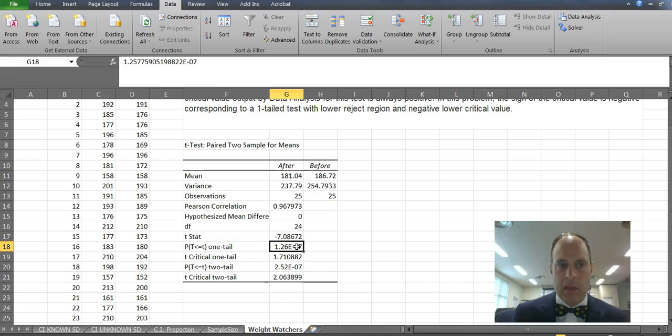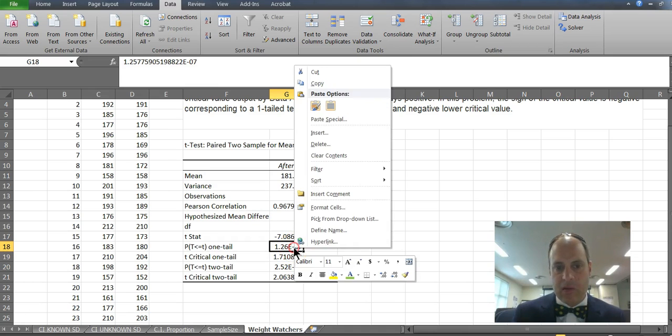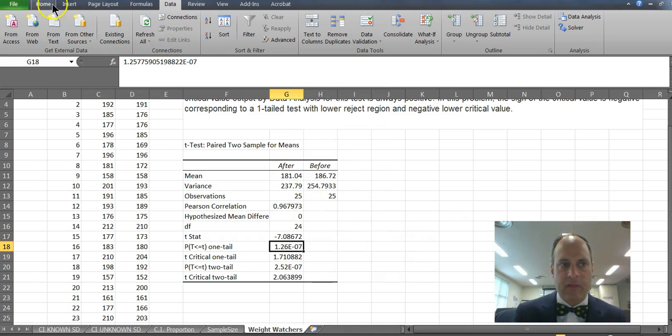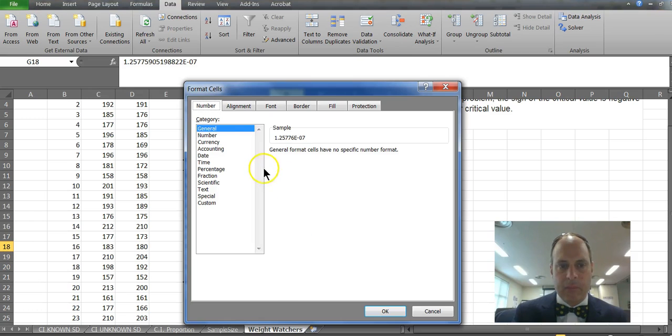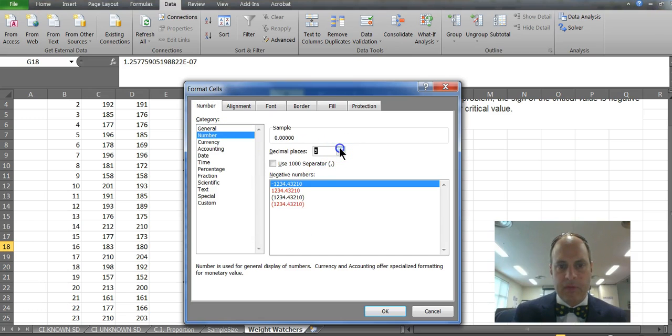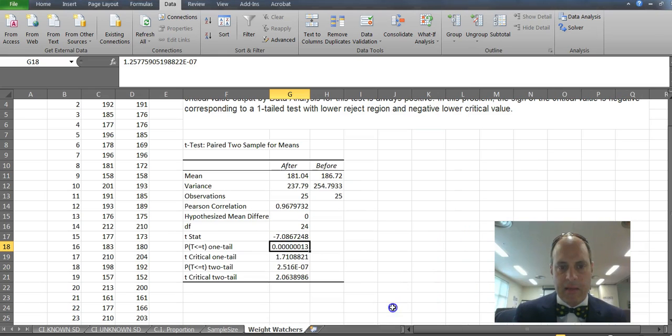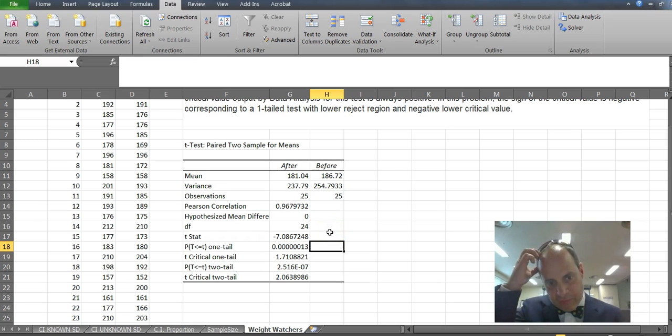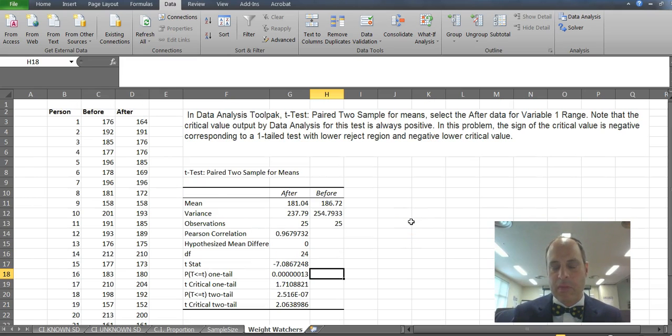And one thing you got to know here is that when you see this E, that means exponents, and if you want to see what that looks like, change the decimal points on it. As you go to number and change the decimal point, it's got to be 7 or greater. I'll go to 8, and you'll see that it is statistically significant because it's less than 0.05 by quite a bit. Okay, that's the rule. In this case, we're using a p-value of 0.05.